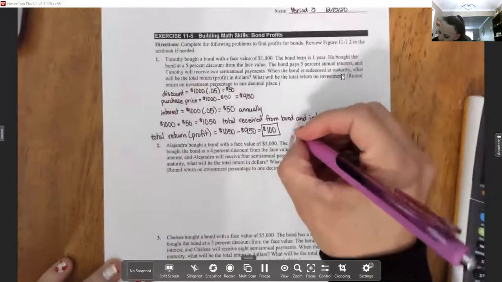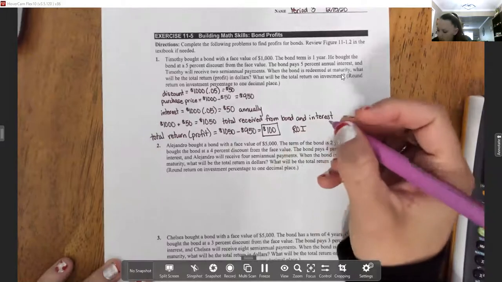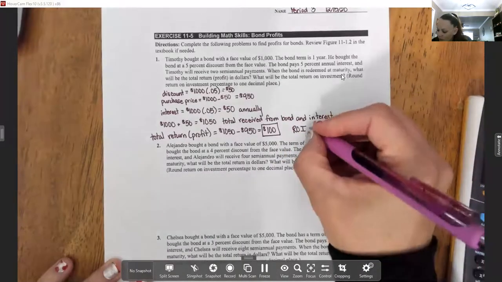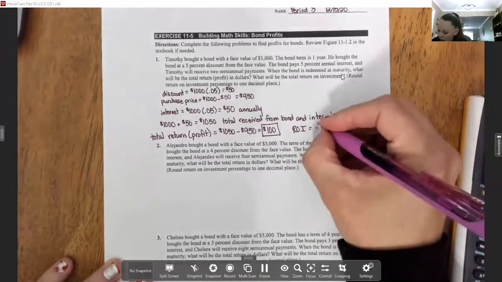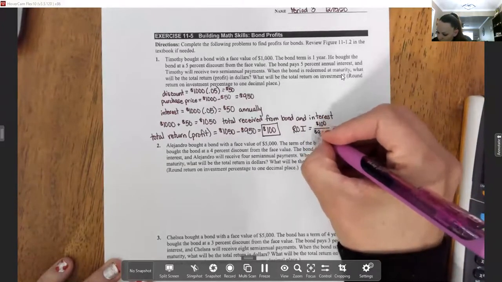So then his return on interest, or return on investment, I'm sorry. It's his profit, remember that $100 divided by his purchase price, $950.